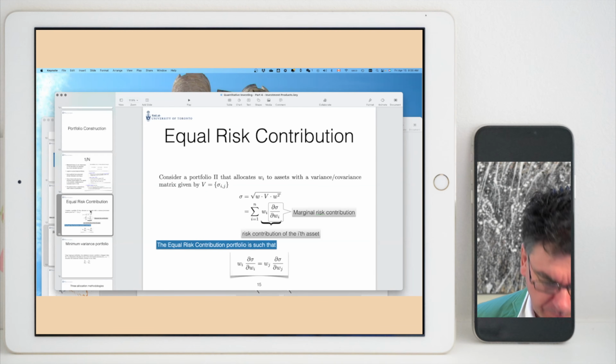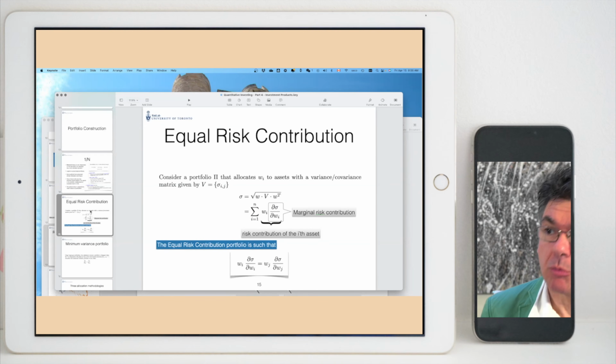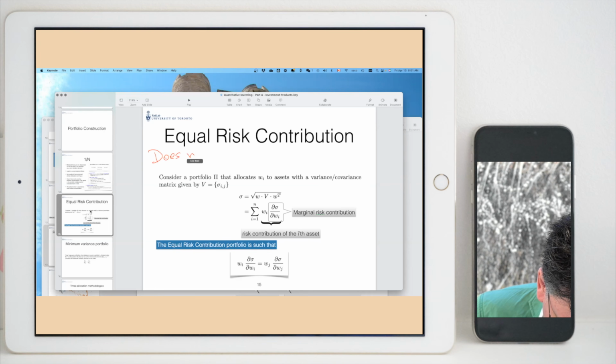The second one, which is one of the most popular methods today, is called equal risk contribution. So this method is a little bit skeptical. It does not believe in expected return, but believes in standard deviation.